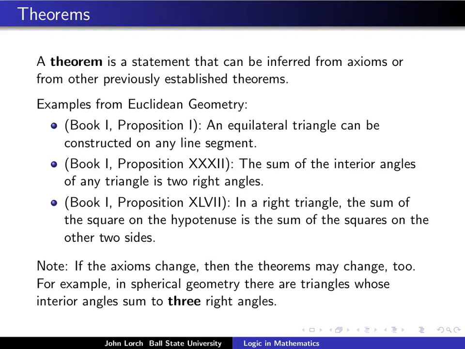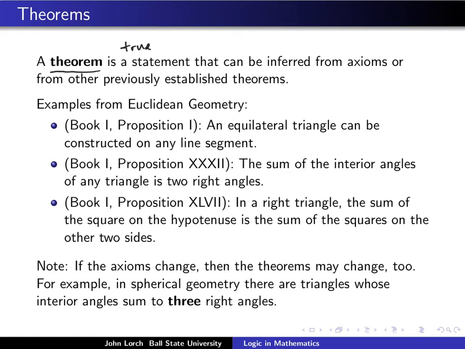So a theorem is both a building block and an end product in a theory of mathematics. A theorem is a true statement that can be inferred from axioms or from other previously established theorems.